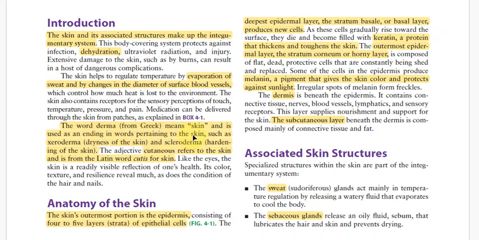As I told you, this means skin, derma, and is Greek. The adjective cutaneous refers to the skin and is from the Latin word cutis for skin. So we have two technical words. Derma from Greek means skin, and cutis from Latin means skin.